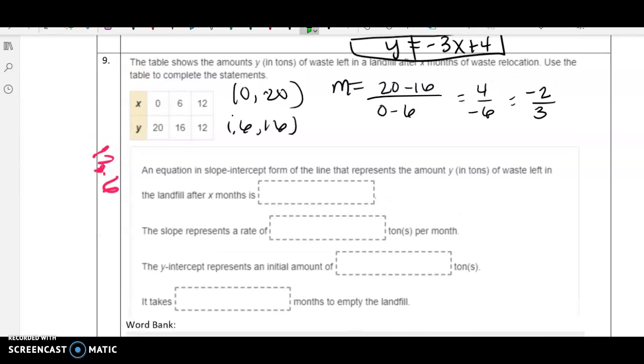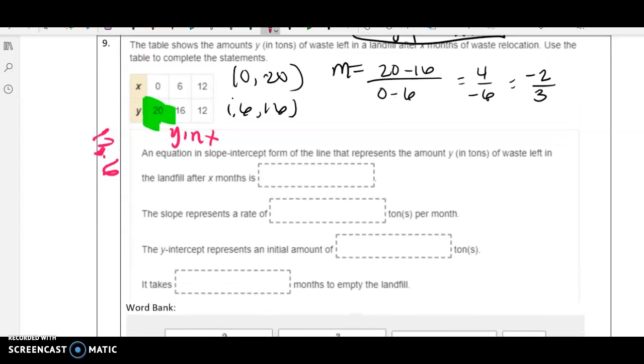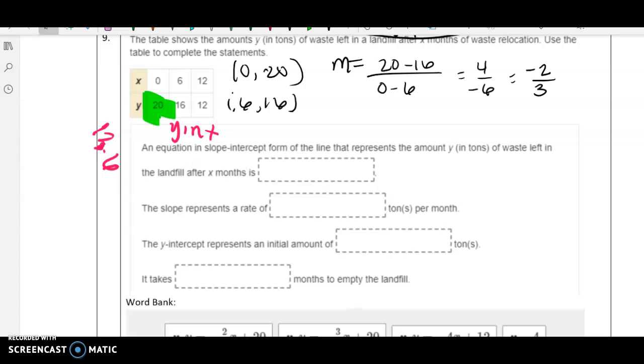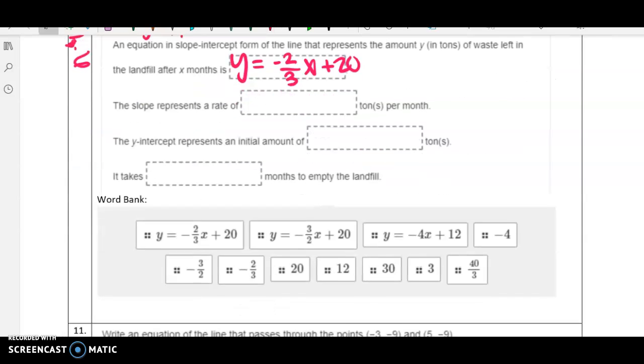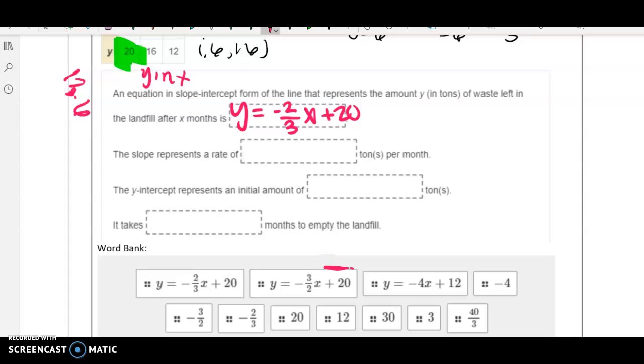Our y-intercept is 20. So now let's write that in slope-intercept form. So we have y equals negative 2/3 x plus 20. And if you scroll down to the word bank at the bottom, you can see that we actually do have that as an option.